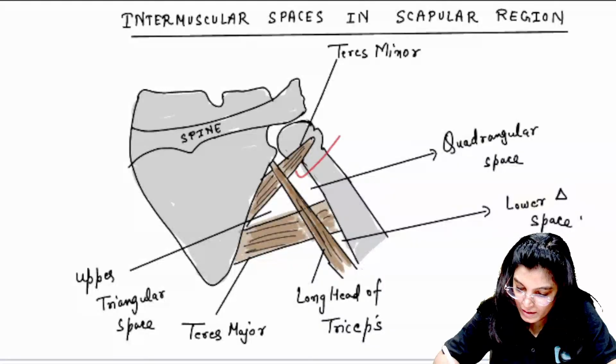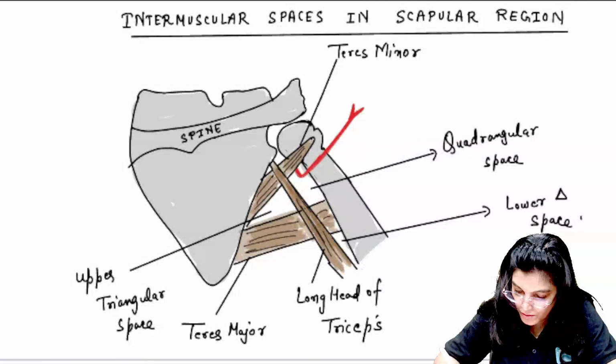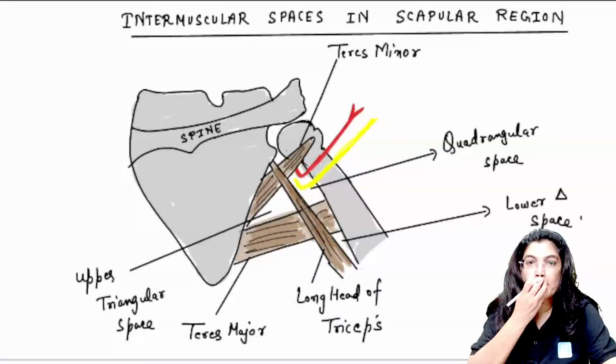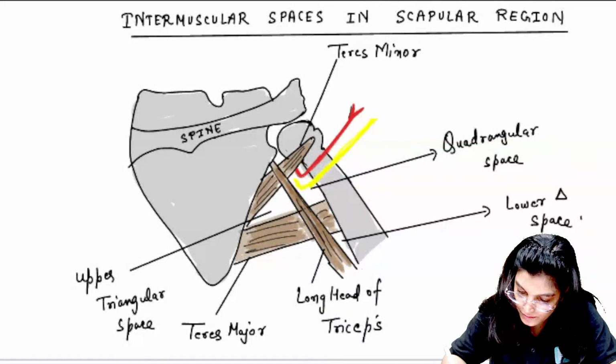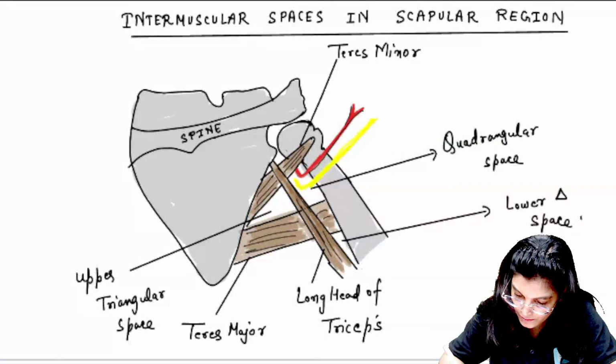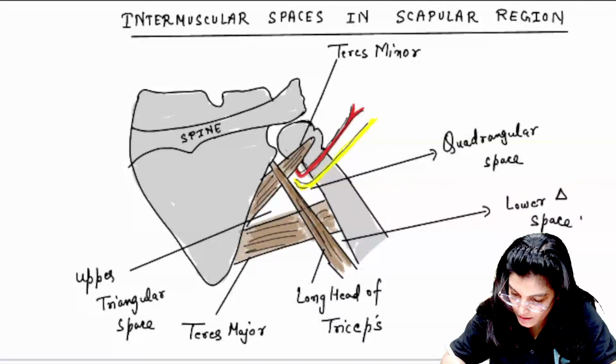So here there is one artery traversing the quadrangular space, and one nerve. So again, this is the artery and this is the nerve.